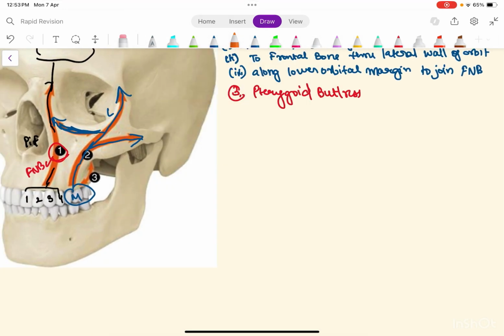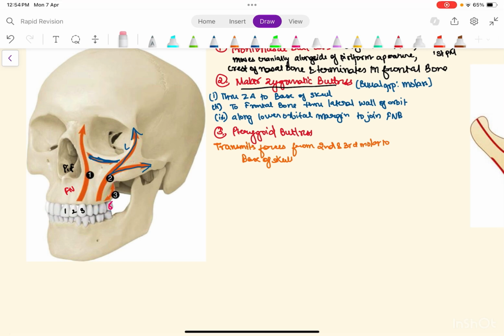It transmits forces from the second and third molar to the base of skull. If you see, these are the second and third molar, 7 8, and it's passing it to the base of the skull. So this explains the trajectories.